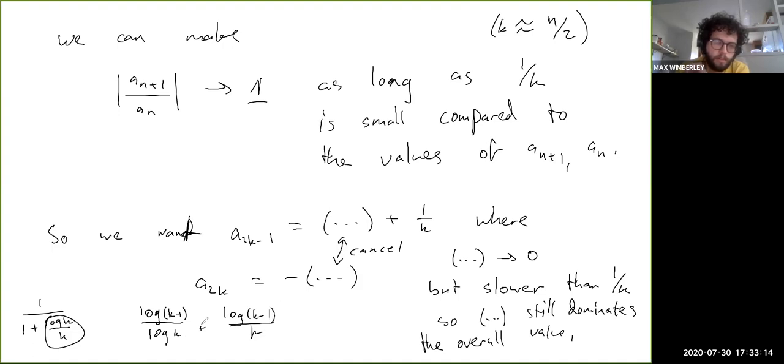Both of these things: this approaches 1 rather quickly, I think, but this approaches 0 very slowly, slower than 1 over k. I'm not sure if that's what you were getting at, but yeah.